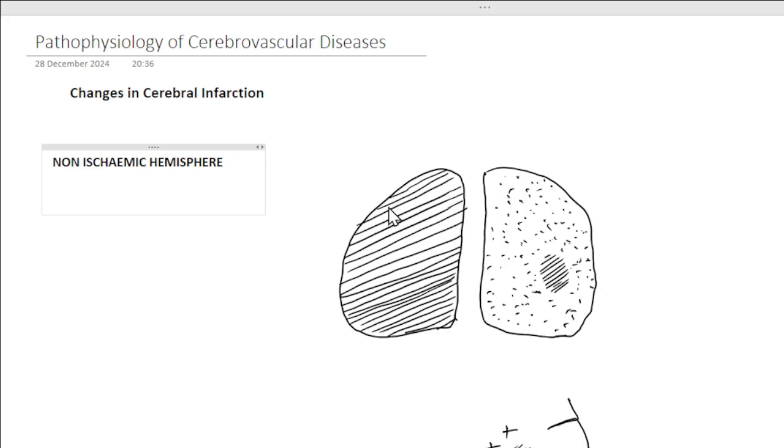I'm talking about this basically. There is a mild reduction in global cerebral blood flow.